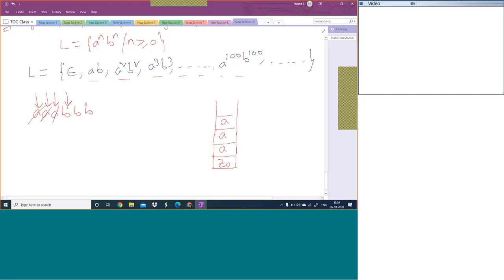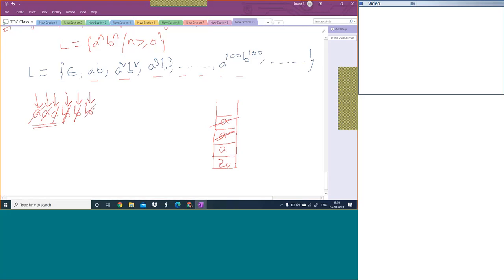Then B comes. Here we have pushed the 3 A's because we have scanned 3 A's. So when B comes, for this B we delete the top symbol. Now the machine will move to the next input symbol. For this B, again we pop the topmost symbol. Then the machine will move to the next input symbol.